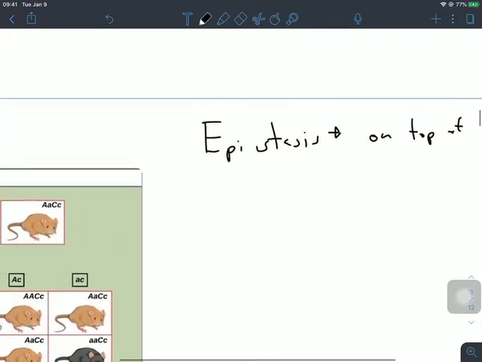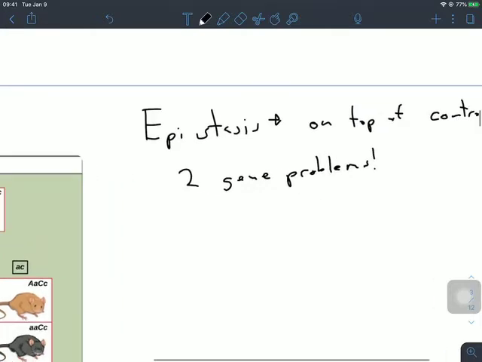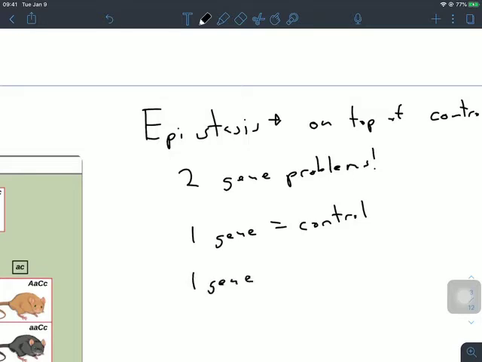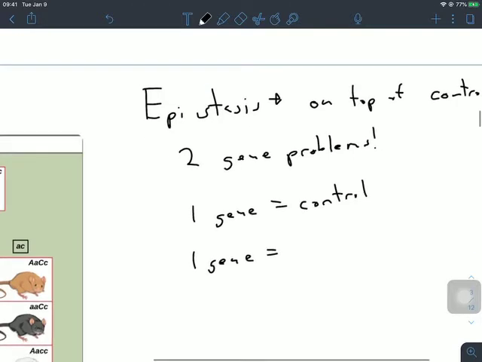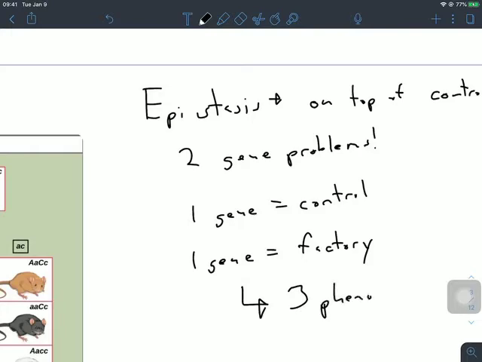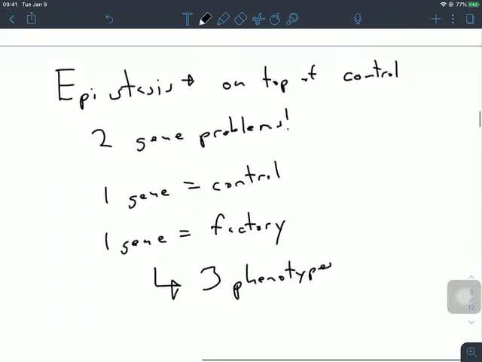And epistatic problems are always 2-gene problems, at the very least, because you are going to have one gene as the controller, and then one gene as the factory or the producer. And this oftentimes leads to 3 phenotypes, not 4.